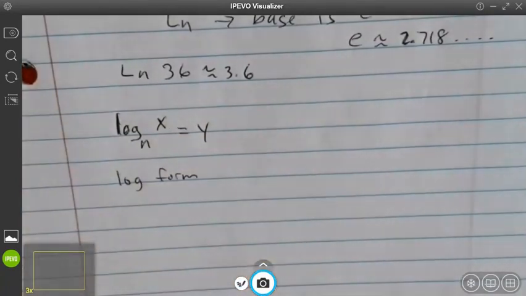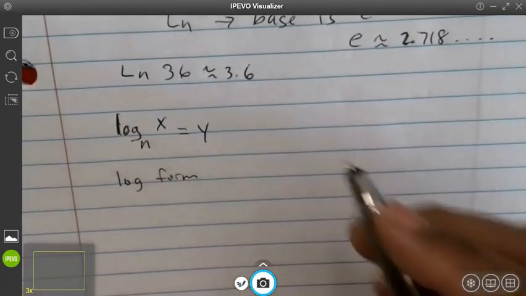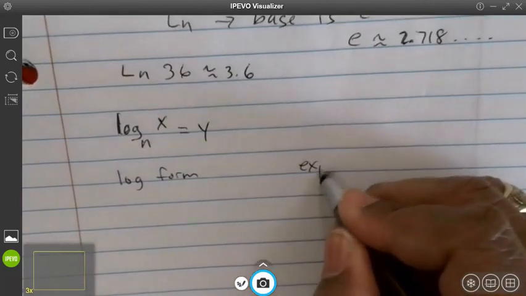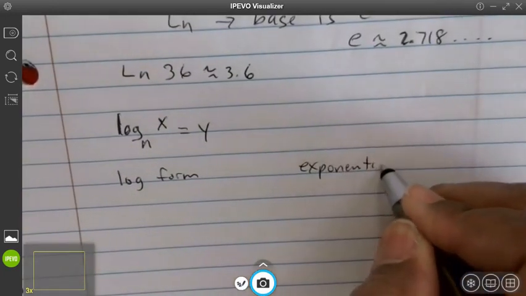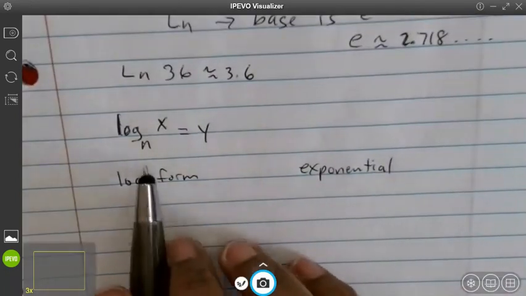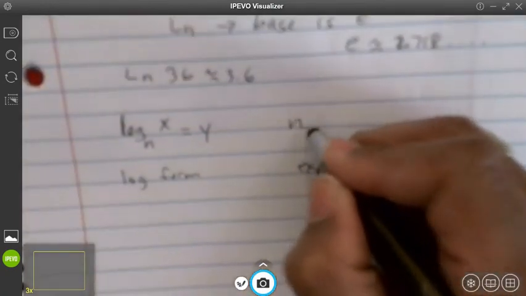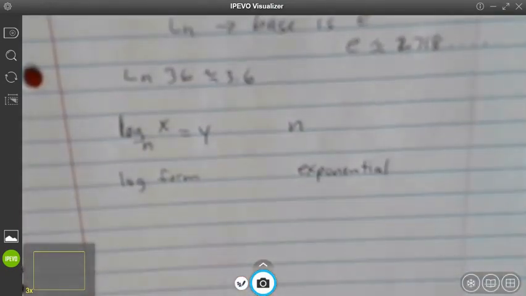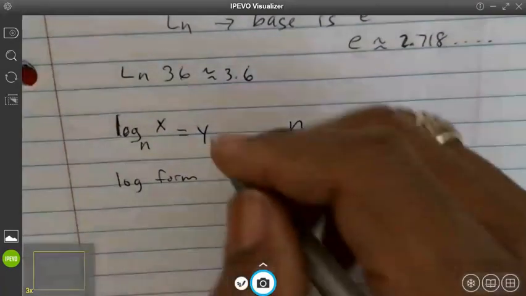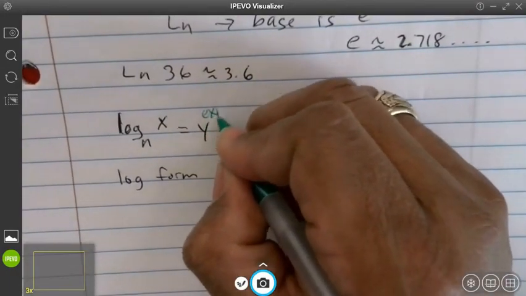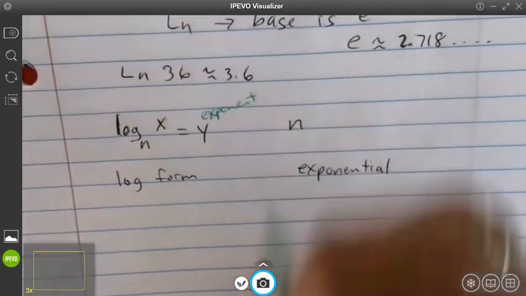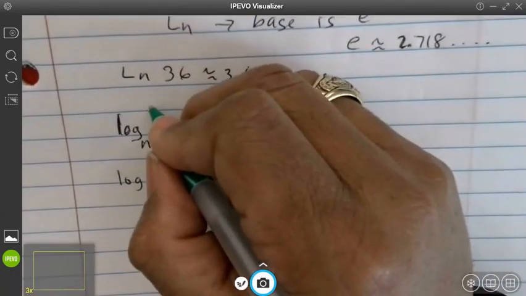When I change log form to exponential form, the little number underneath the log is the base, so it'll be the base. Here, the y is your exponent, and here is your solution.